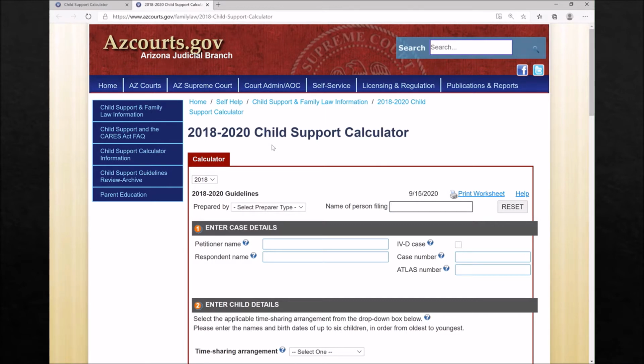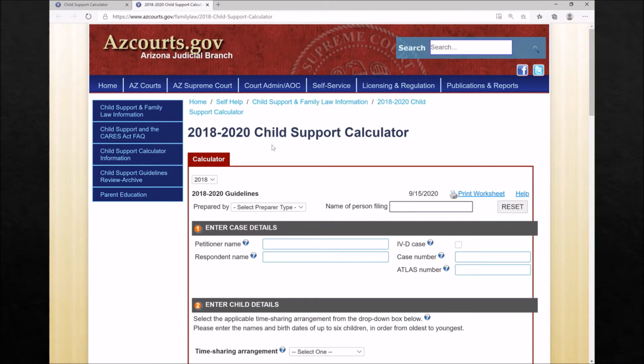Before you see this information being entered, I highly suggest you go watch this other video I have, which explains why we need to enter this information. What does the calculator do with the incomes we enter here? What does the calculator do with the children's ages that we enter here? And what exactly is the combined income used for?